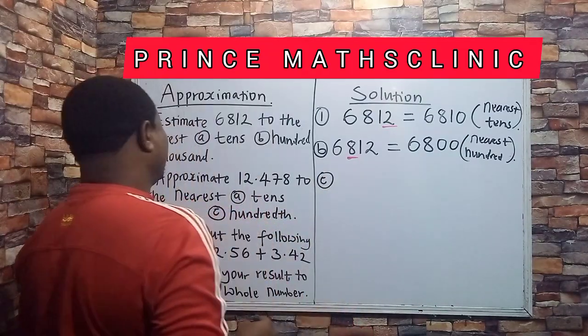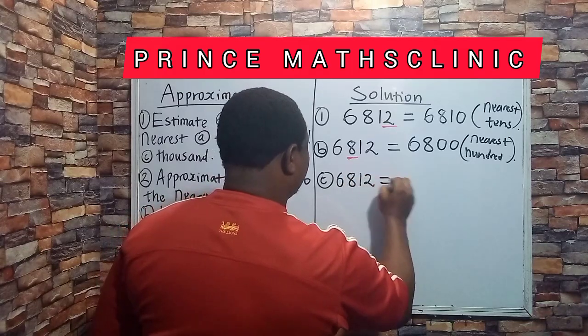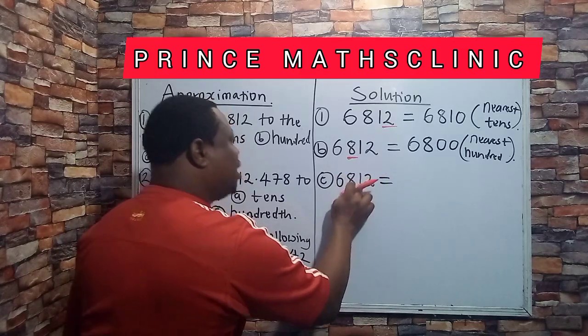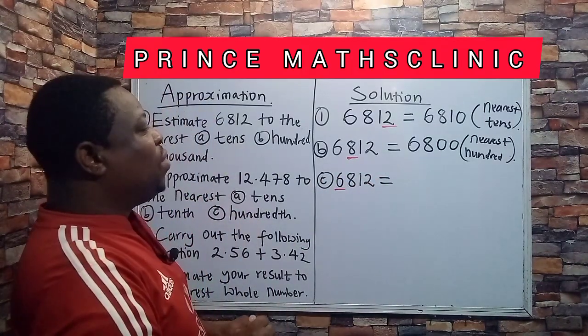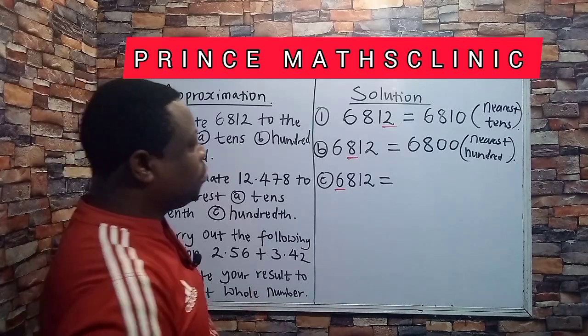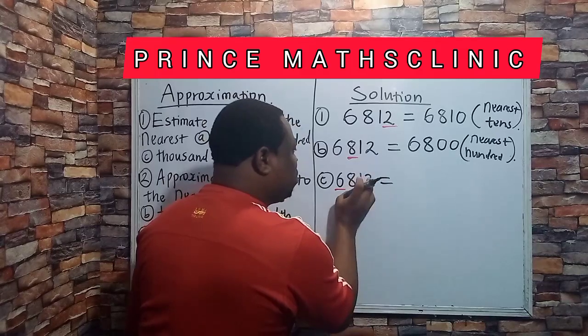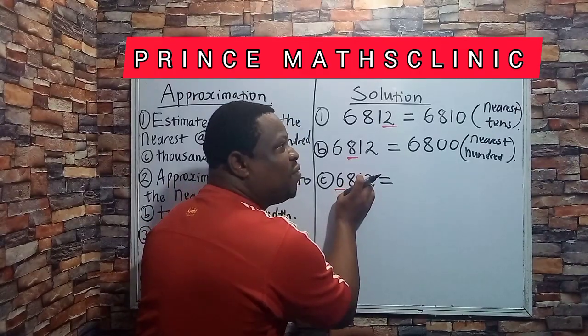Then the C part says 1,000 now. Now, 1,000, this is unit, tens, 100, and 1,000. Looking at it again, we are concerned with the other 3 numbers, but more especially the number that is close to 1,000. Is this number up to 5?